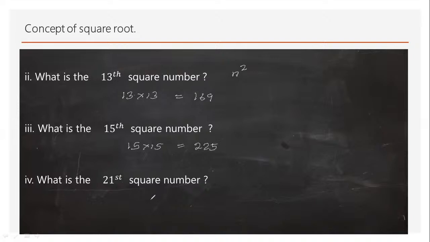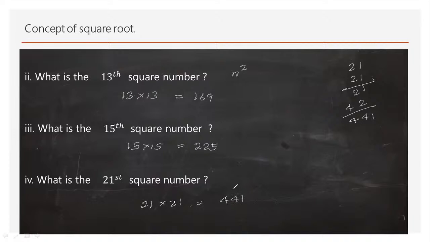What is the 21st? 21 into 21. How much here? 20 into 20, that is 400. Then 21 into 21, 441, right? We see it here: 1 times 1, 2 times 2, 4. 441.